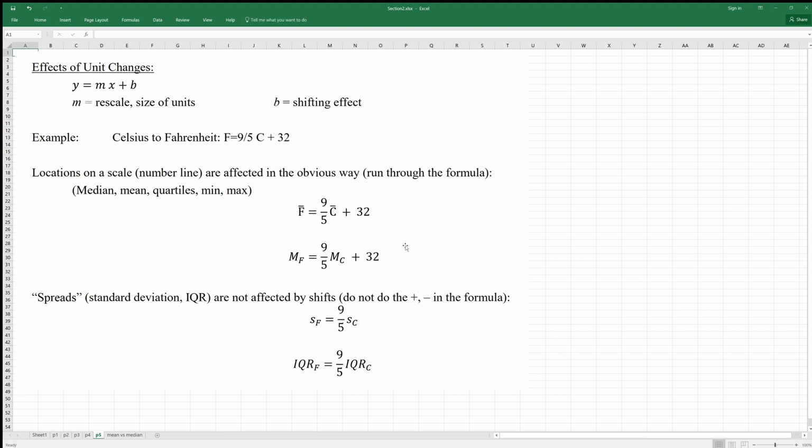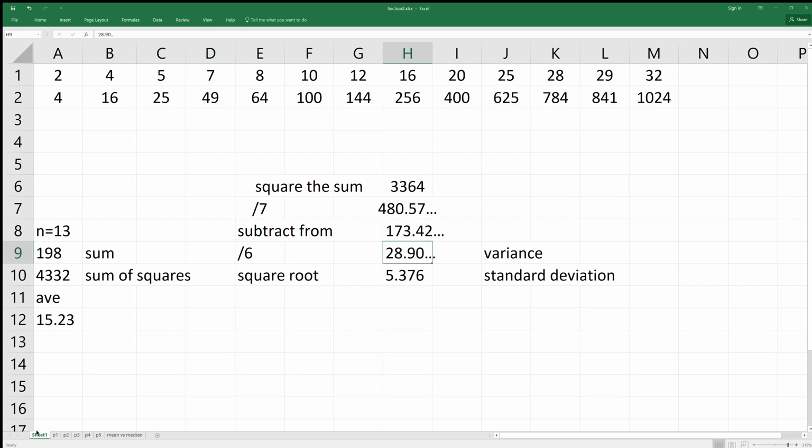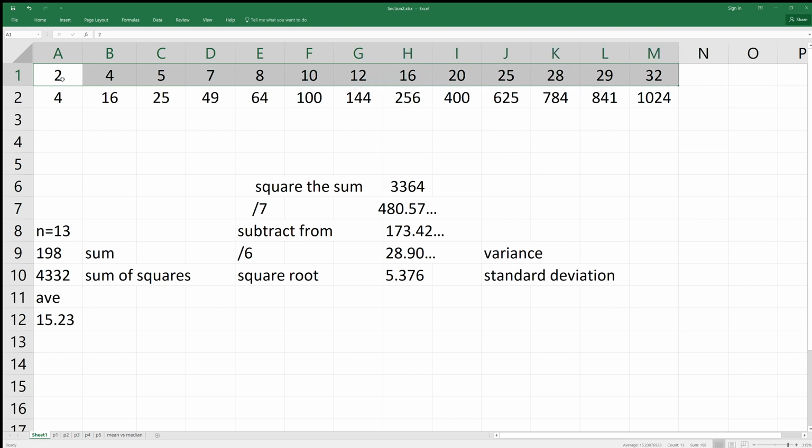I think I will leave off this bit for a wrap-up section. The idea here, if you get nothing else out of what we just did, let's say that these are temperatures. Let's say that these are feet high, that several bushes and trees are.